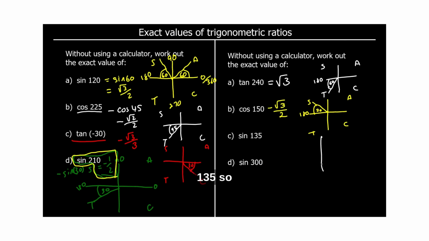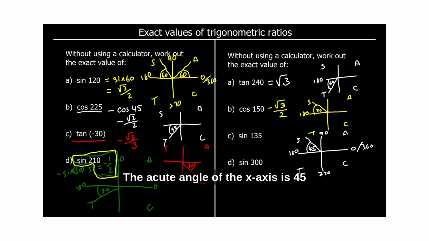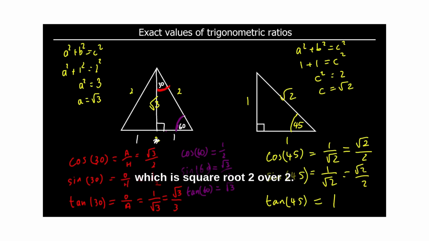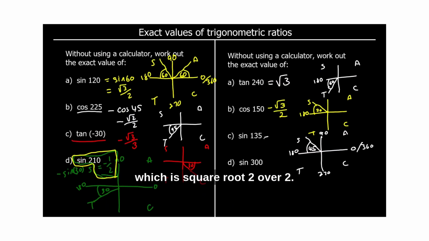Sine 135. So it's 0, 90, 180, 270, 360. 135 is 45 away from 180. The acute angle with the x-axis is 45 degrees. Sine is positive, so it's the positive version of sine 45, which is square root 2 over 2.